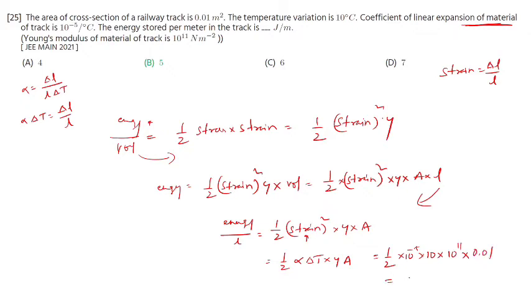If you simplify this, you will get 5 joule per meter. Option B.